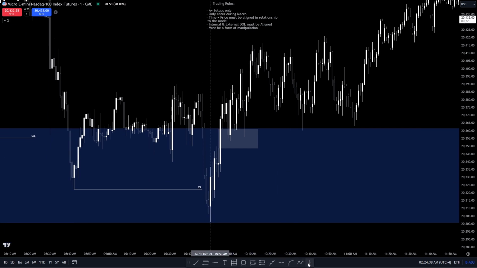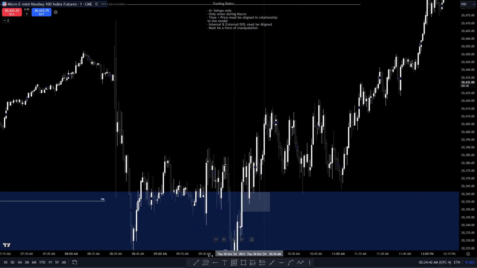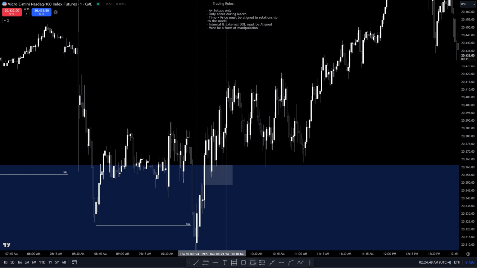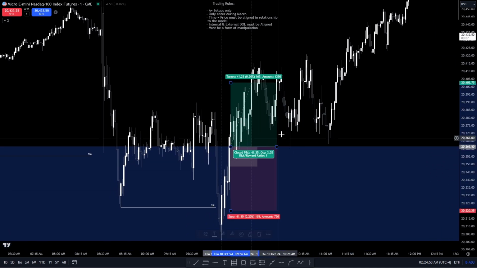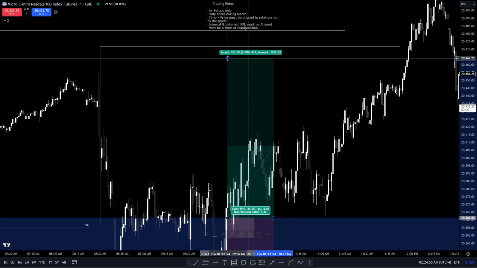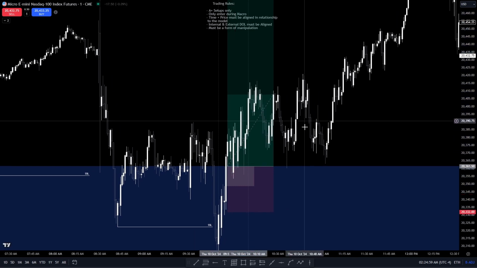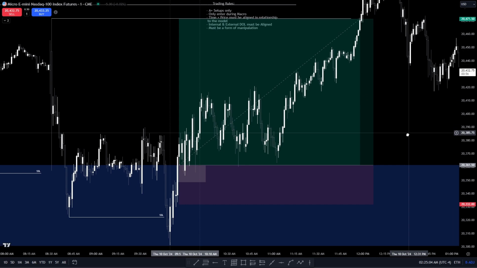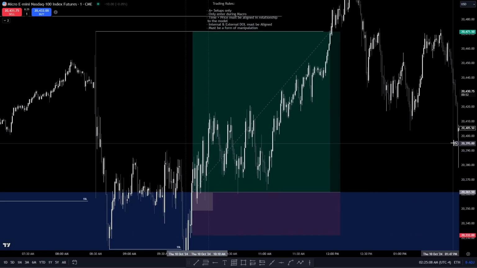The 9:50 to 10:10 macro. And look at this. Data highs, news highs from CPI. Take this fair value gap. Boom shakalaka, my friend. The power of ICT is unmatched.